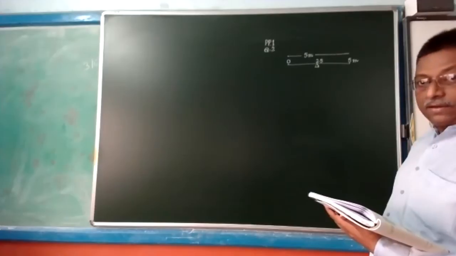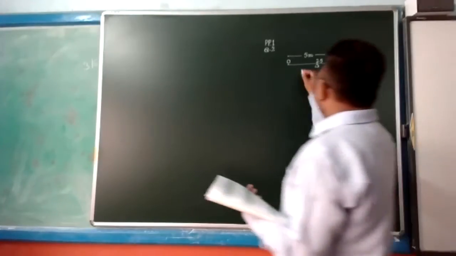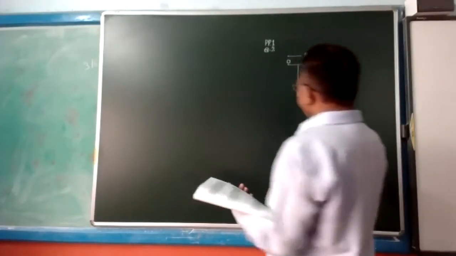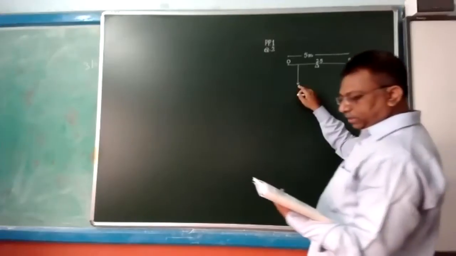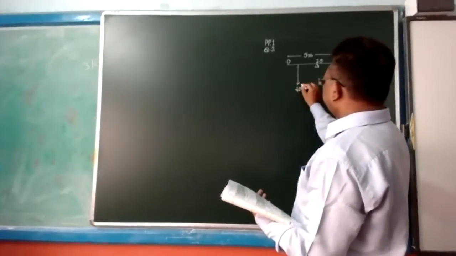A boy weighing 40 kg sits at a distance of 1.5 meter from one end. Think here is sitting one boy whose weight is acting vertically downward. What is the weight of that boy? 40 kg.